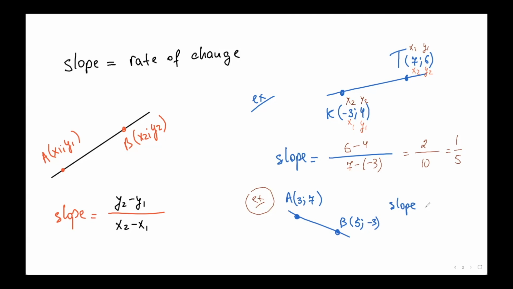The slope here is y2 minus y1 divided by x2 minus x1, which is -10 divided by 2, that is -5. -5 is the slope of this line. Look, if the slope is positive, the line increases, the value increases. But if the slope is negative, it decreases.